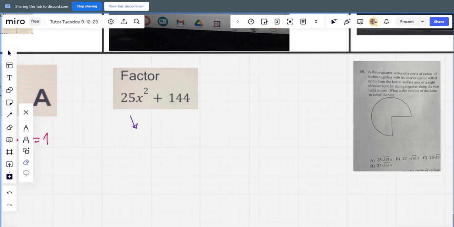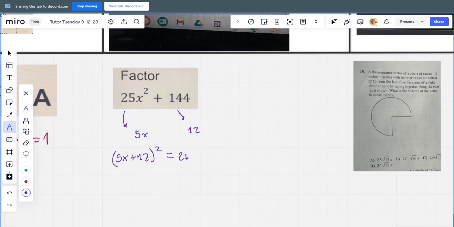If you're looking to factor with complex numbers or imaginary numbers, what you could do is, I know that this perfect square is 5x. This square rooted is 12. But of course, when we do 5x plus 12 squared, we're going to get 25x squared, and we're going to get some middle terms.